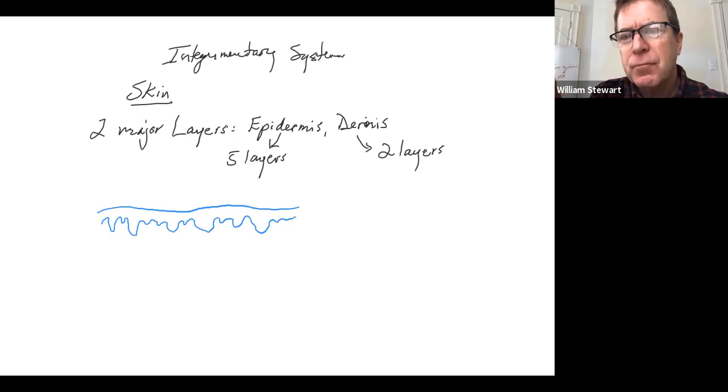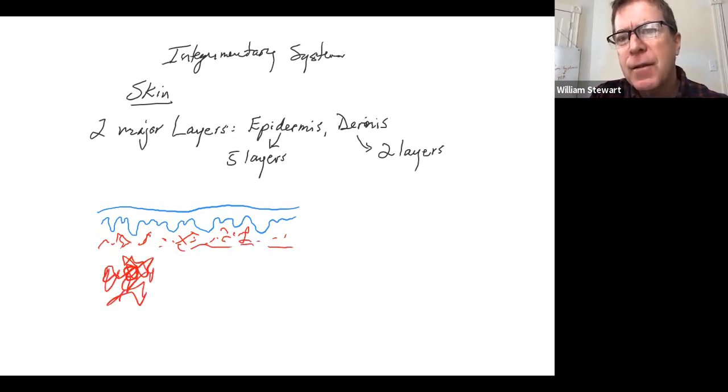And then we'd see some sparse looking connective tissue under here, and then some more densely packed tissue down here.